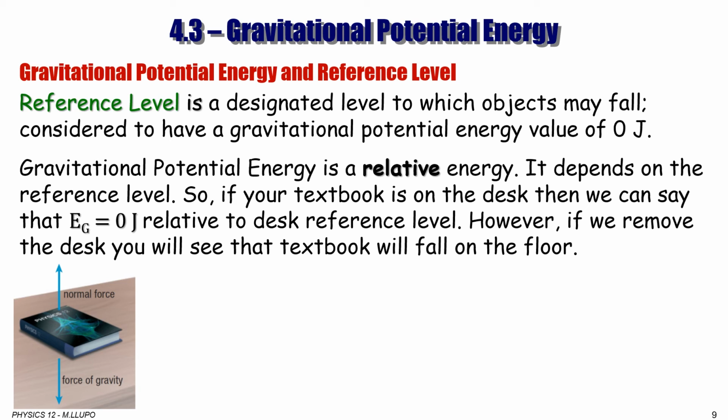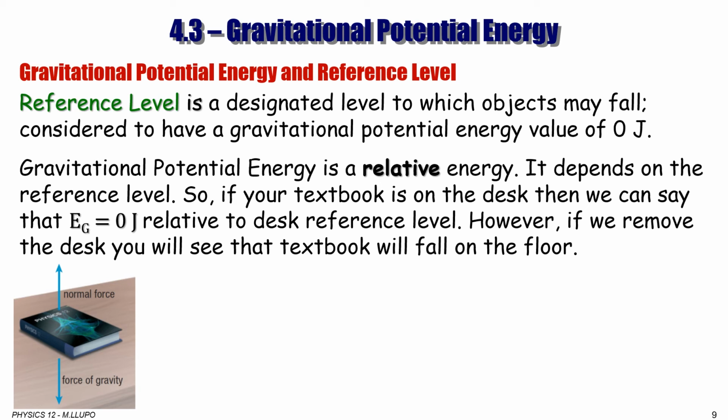So if the textbook is on a desk, then we can say that gravitational potential energy is zero relative to the desk reference level. However, imagine if we remove the desk, what is going to happen to the textbook? It's going to fall, and it's going to fall fast, and it's going to hit the floor, and you're going to hear that sound.